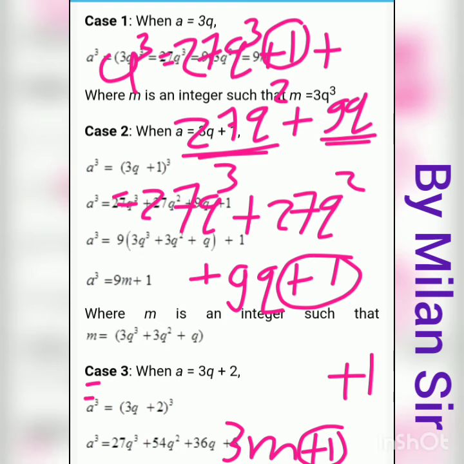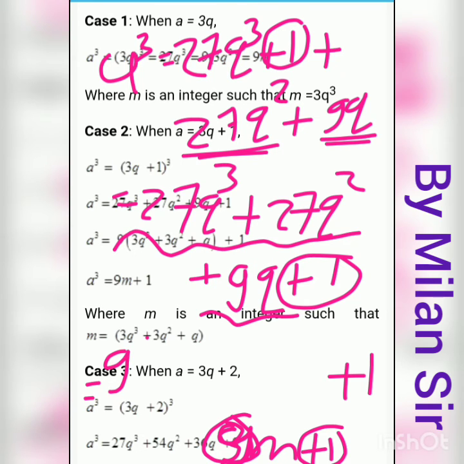But before that we have 3 terms, and we want 9 in them. So take 9 as common from the first 3 terms. So in the first term, what is remaining? 9 threes are 27, so here 3 and q cube. Here we also can take q as common, but that we do not want. That's why we are not taking q as common.